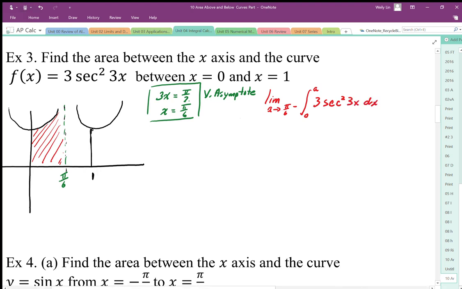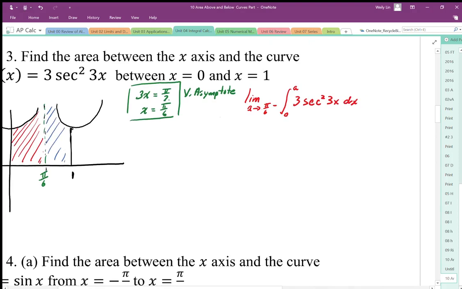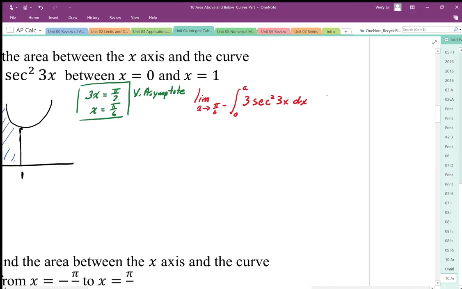We also have this unbounded region here on the right hand side, so we're going to need another limit for that. So it becomes the limit, and in this case we're going to approach the asymptote from the right hand side.